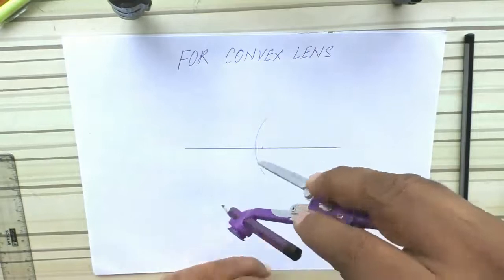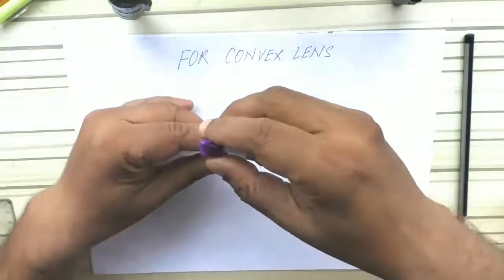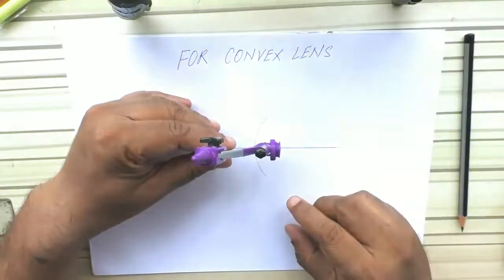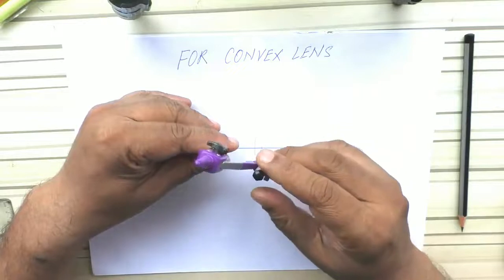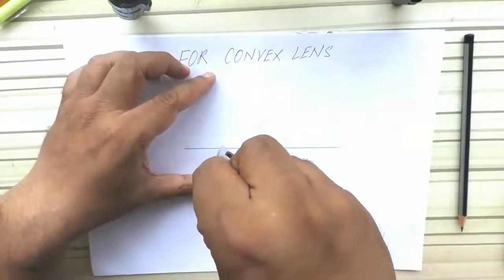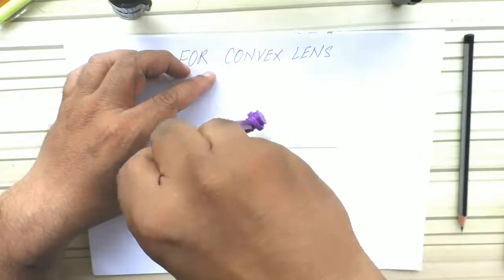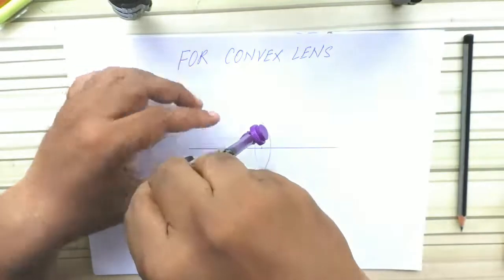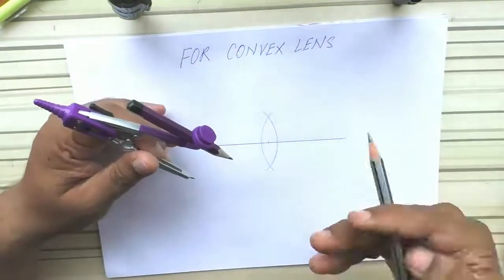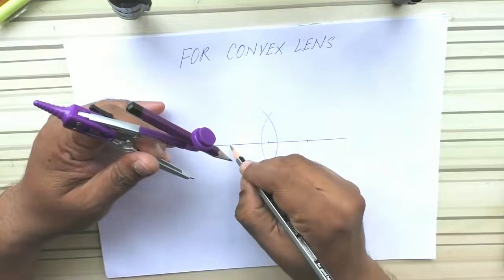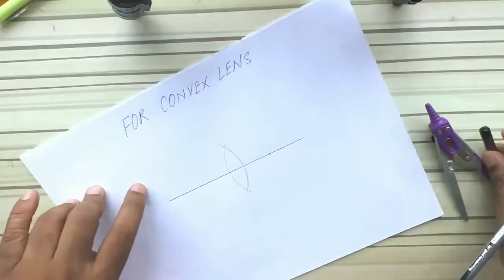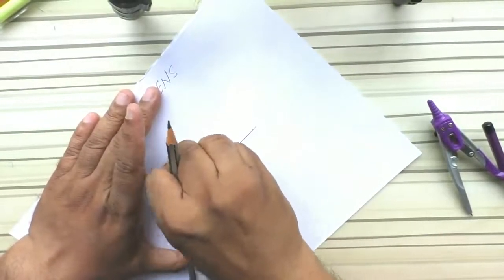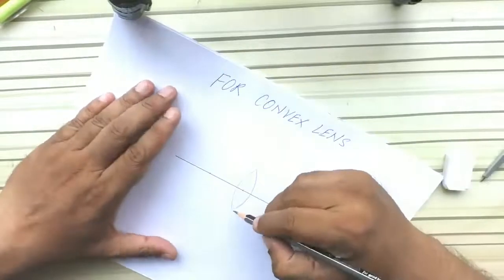Okay, so similarly for the same thickness I have to check the thickness like this. I can draw the second part of the lens. And we can mark these 2 points as center of curvature. You can do one thing.